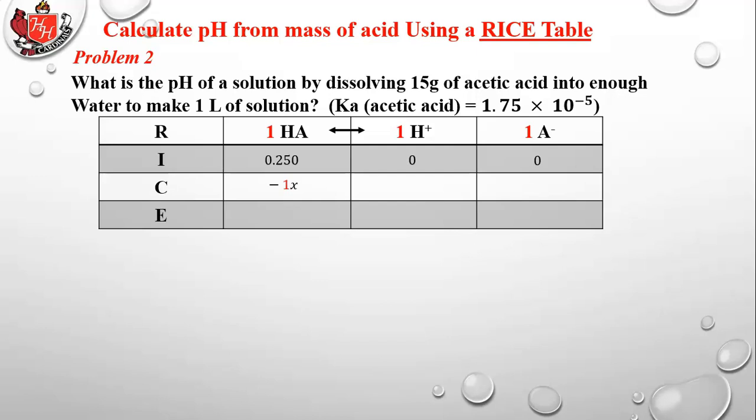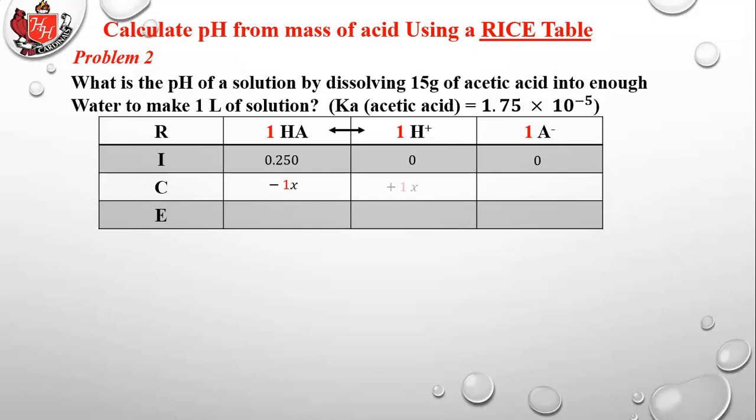Now remember how the change line is done? It's minus because on the reactant side, the left, you're going to be decreasing the concentration, using it up. And the coefficient is 1 because up above where the reaction is, there's a 1 in front of the HA. So it's minus 1x.